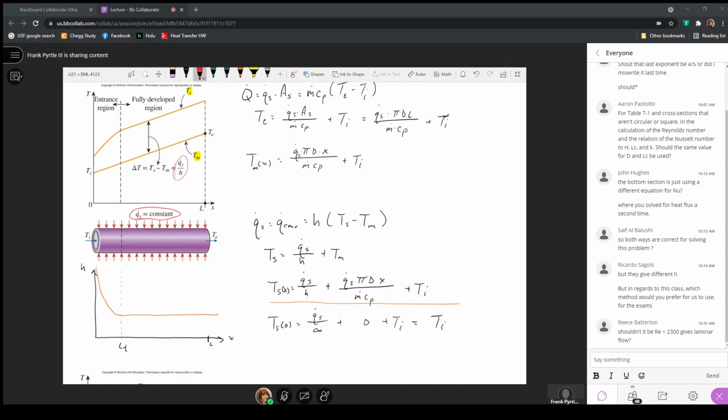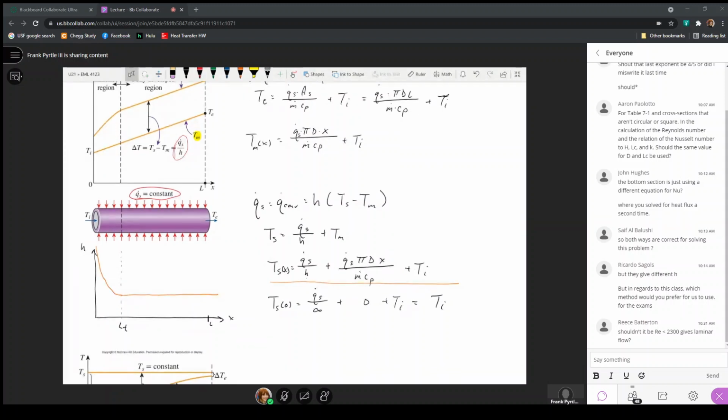So the expressions of heat transfer for a constant heat flux problem are relatively straightforward, in that the temperature variation of the fluid through that pipe is going to vary linearly from the inlet to the outlet, because we're just adding heat to the fluid.